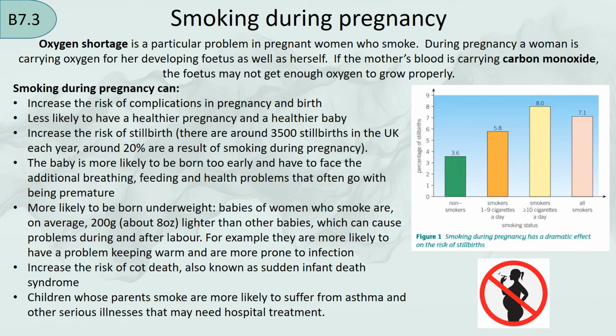So you've got things like increasing the risk of complications, so things that might go wrong during the pregnancy or during the birth. Less likely to have a healthier pregnancy. Increases the risk of stillbirth.